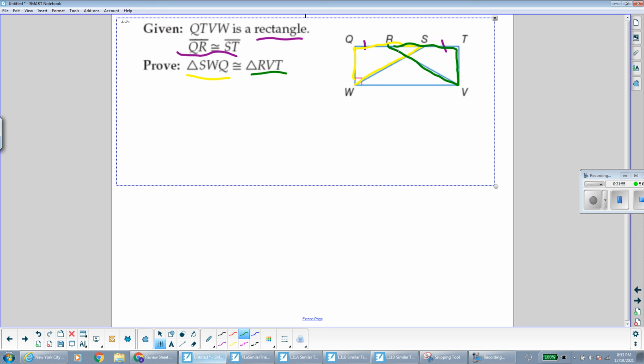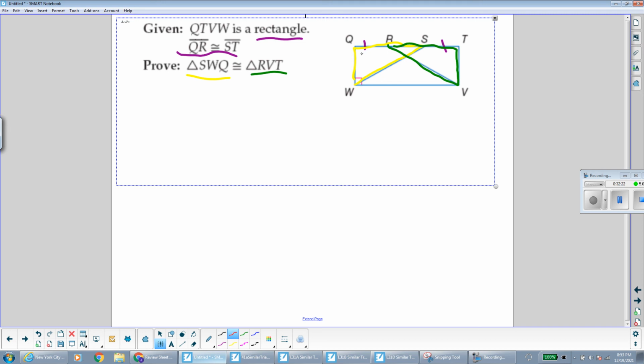So I already see where one pair of sides is going to come from. I have QR, which is part of the whole side QS of the yellow triangle. And I have TS, which is part of the whole side TR of the green triangle. So in order to take the parts of each of the sides and get information about the full sides, we're going to use the addition postulate to take our information that's too small and make it bigger to get information about the full sides.